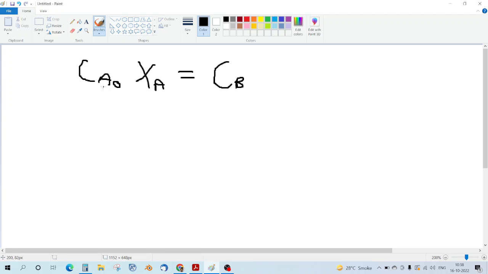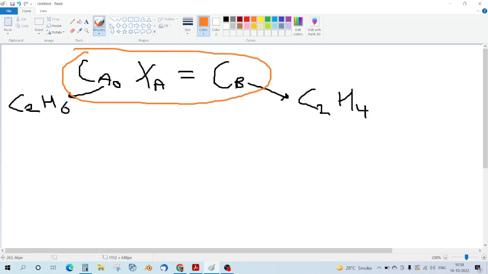This A is my C2H6, ethane, and this B is my C2H4. So this is the whole reaction. We have the conversion, so we can get my CA naught. CA naught is equal to CB divided by XA.